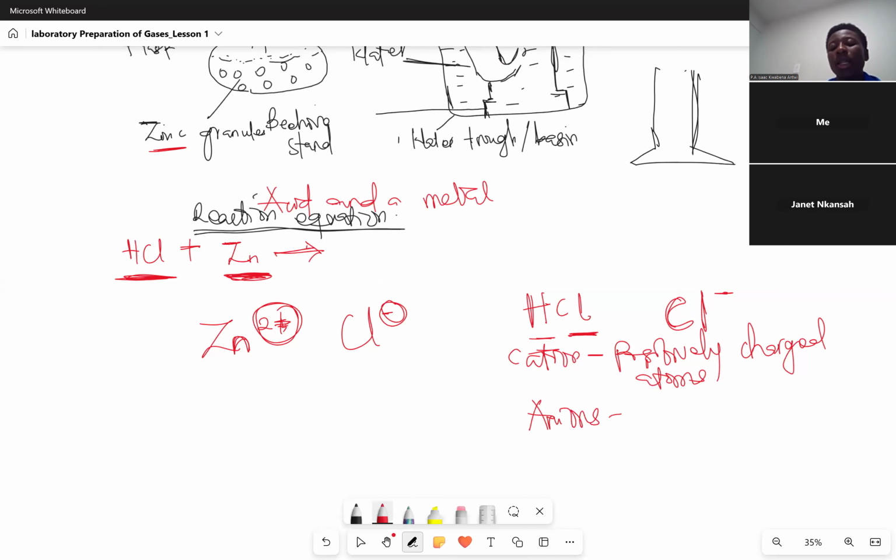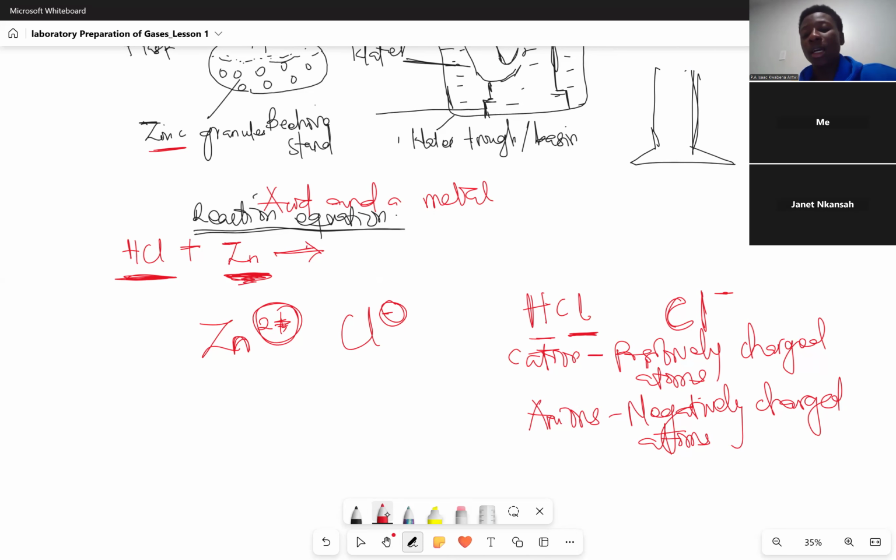Anions are negatively charged atoms. So zinc is positively charged, chlorine is negatively charged.